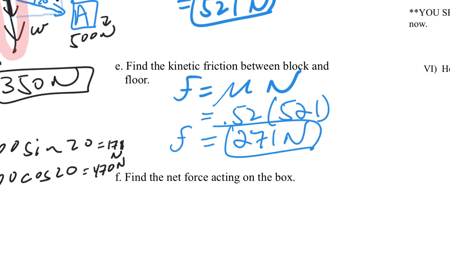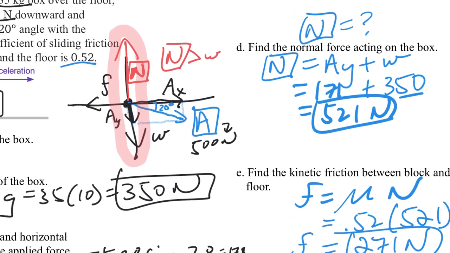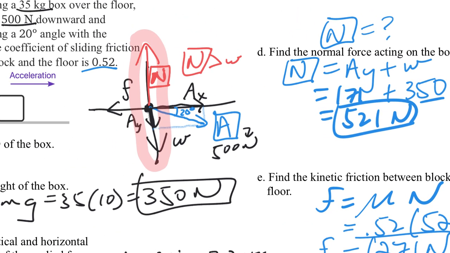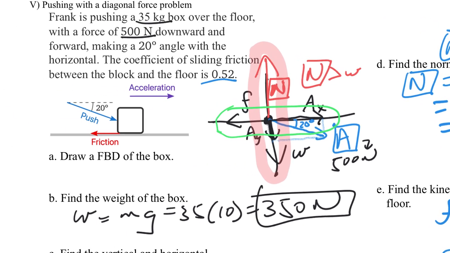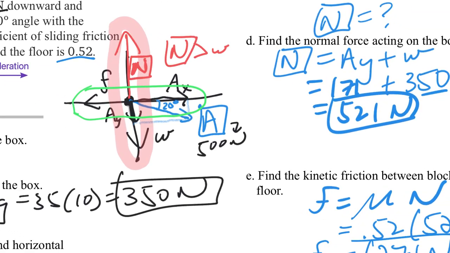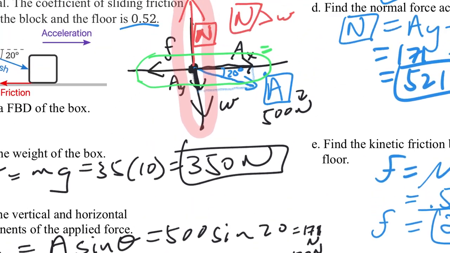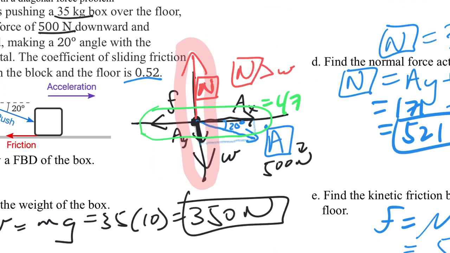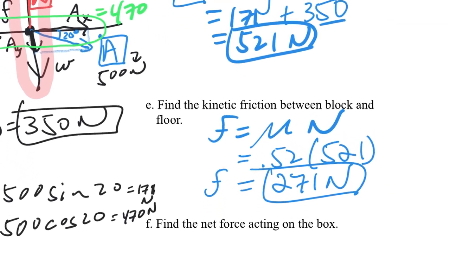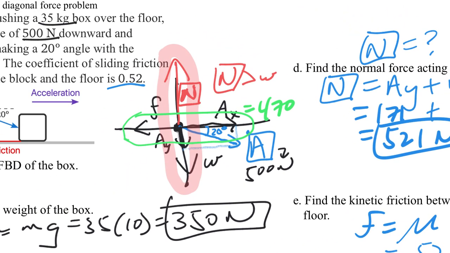Now find the net force acting on the block, on the box. Well, the net force in the y direction we already found was 0, but in the x direction there's only two forces, friction and AX. Let's see, AX, what's AX equal? We already found that, 470. And then friction equals 271.